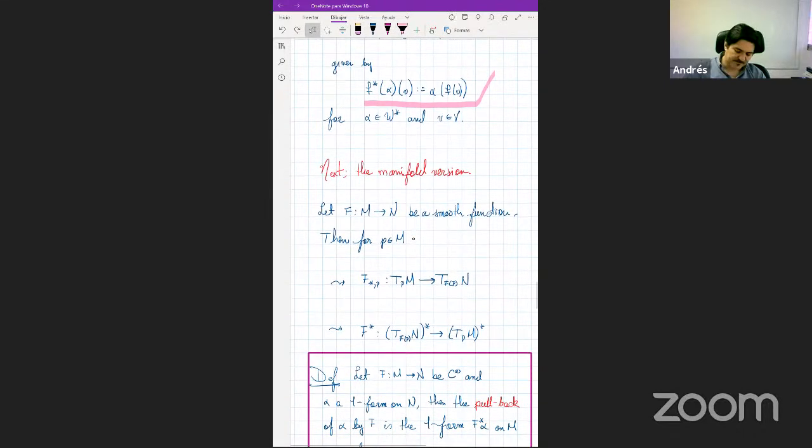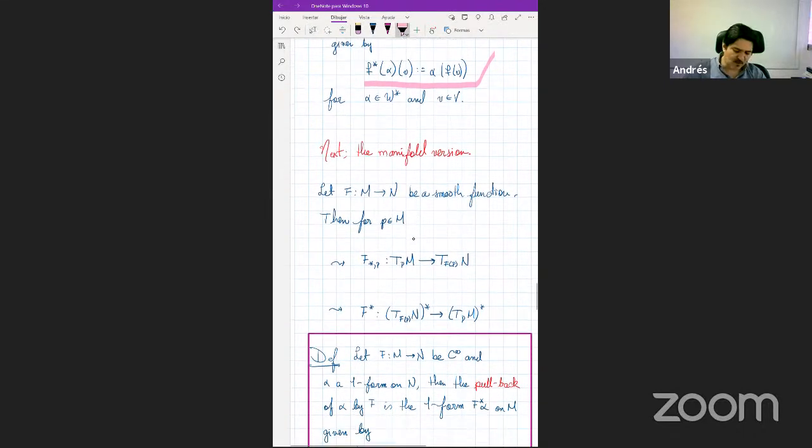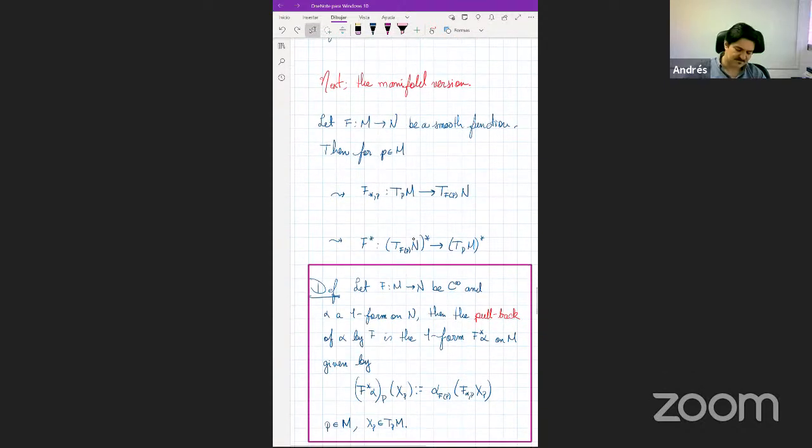And so the pullback of a one form is defined like this. It is the same one as in the case of linear algebra. But so I take a one form here, and we're going to get a one form on M. And it's given like this.